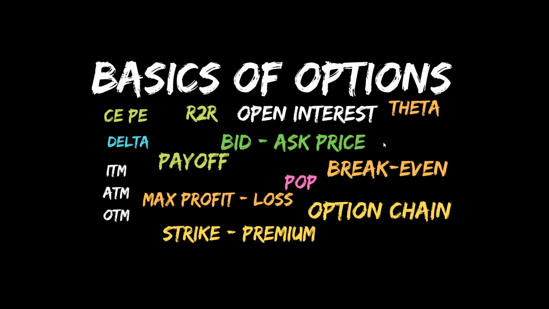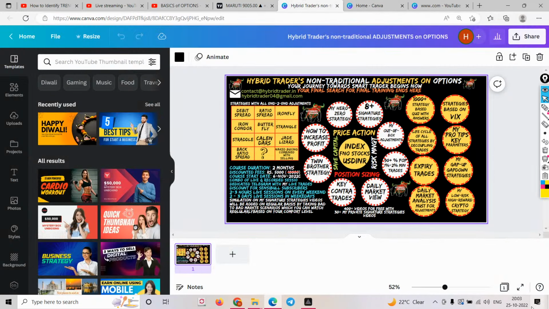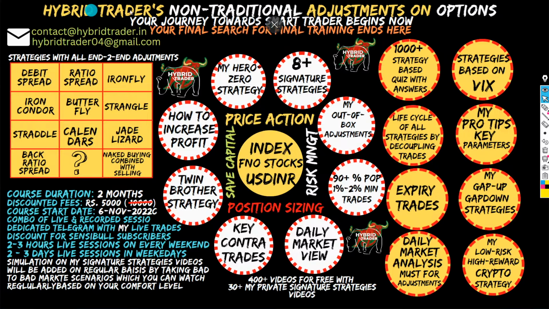And again friends, this session is for everyone. This is not only for the paid members. Don't get me wrong, this session is basically for everyone. The reason I'm doing this session is that I'm about to start a session on November 6th on hybrid traders, non-traders and adjustments. Basically we are going to start a paid mentorship on options, and I got many emails from paid members and also from other folks saying that they are very new to trading, so they need to know the basics of options.